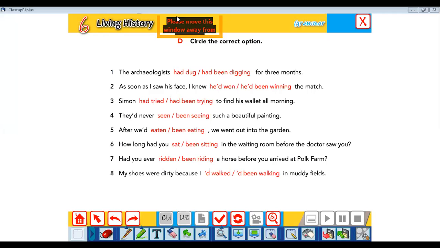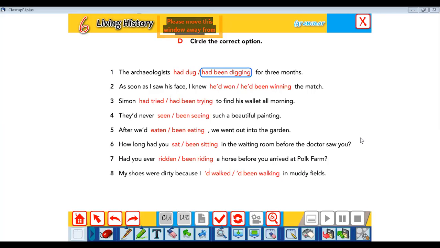Had been digging. Had been digging. Very good. Number 2. Yes, Safe. He'd been winning? As soon as he'd been winning, no, Safe, because we don't have a duration or even a result here.